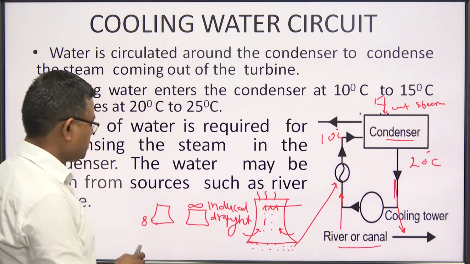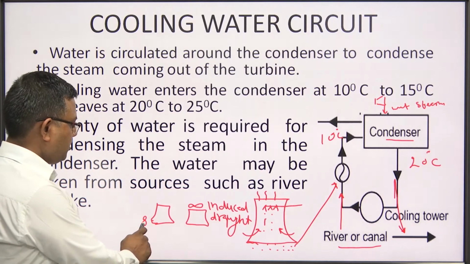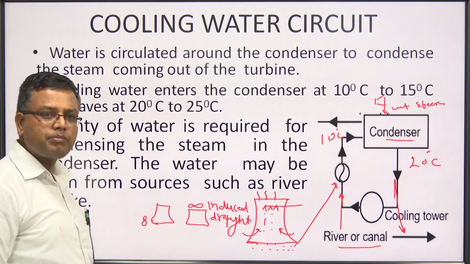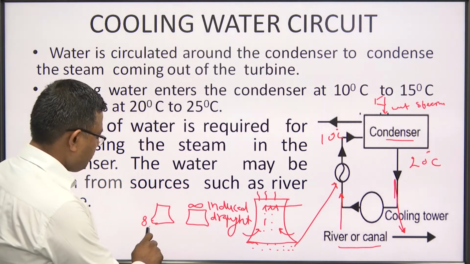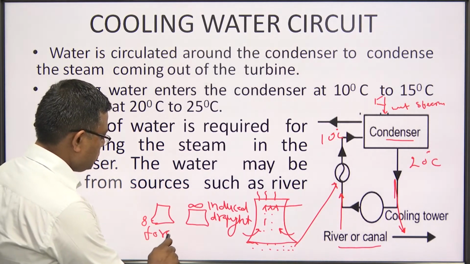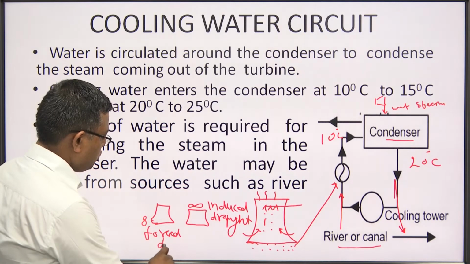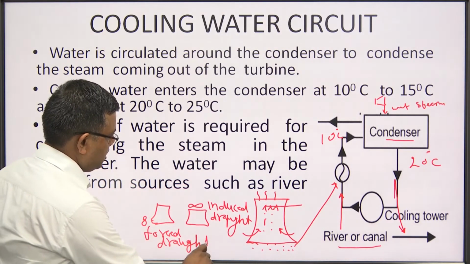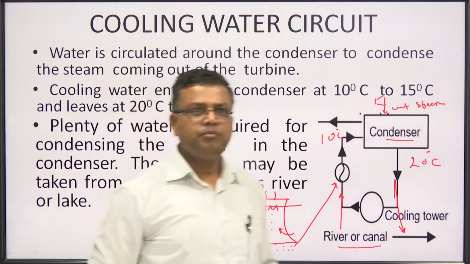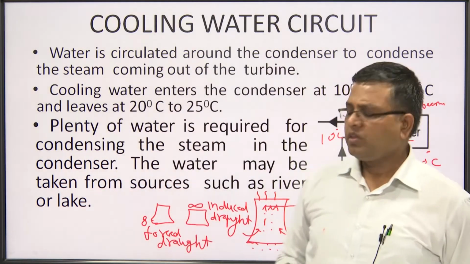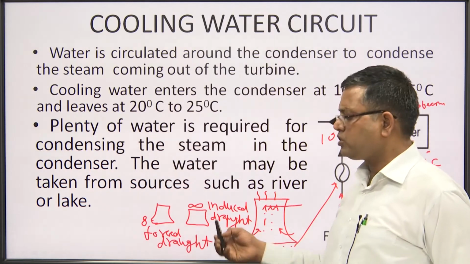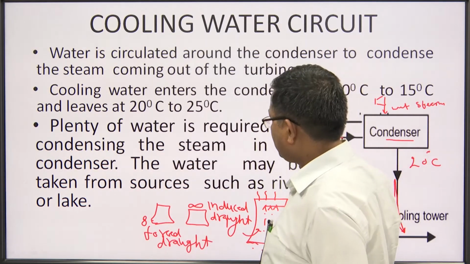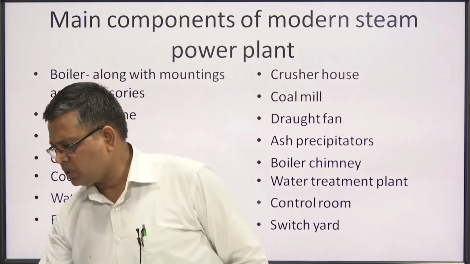But if we are installing the fan at the bottom of the tower just to maintain the supply of air, it is known as a forced draft cooling tower. Sometimes a combination of induced draft and forced draft cooling tower is used. So you can see these are the important circuits of the cooling tower.